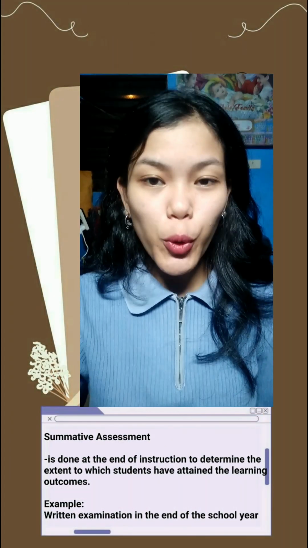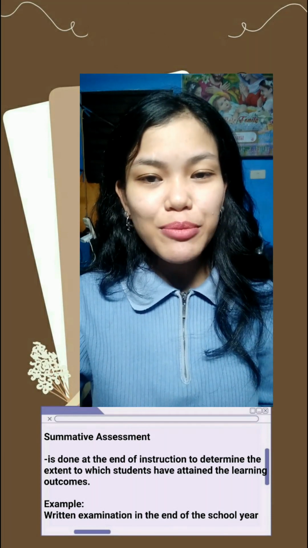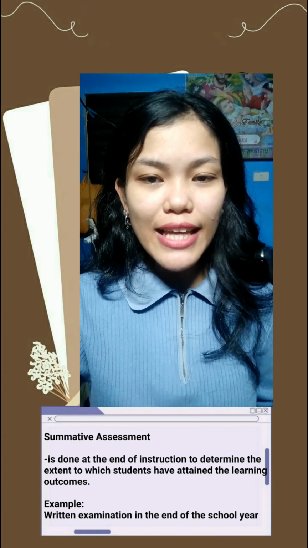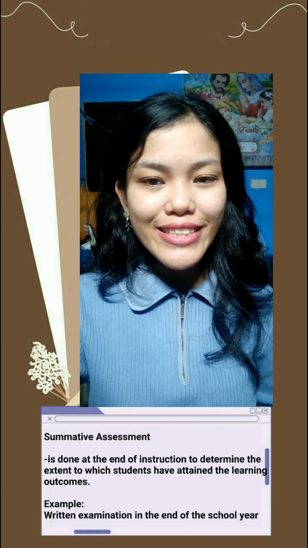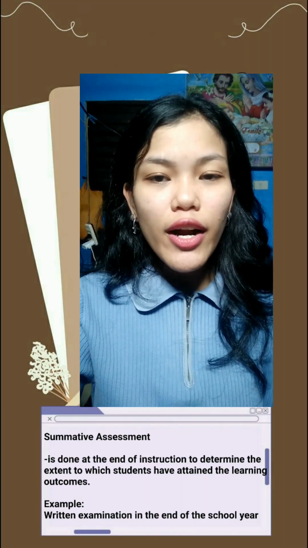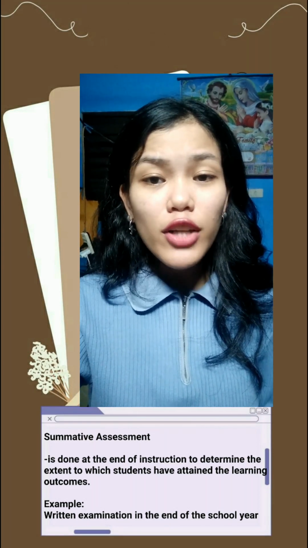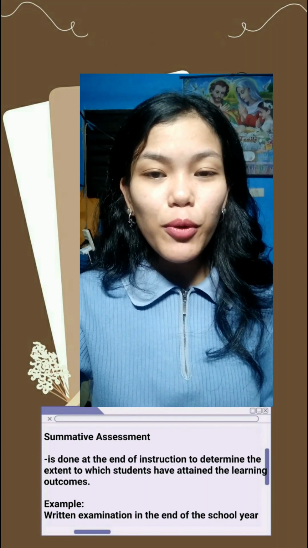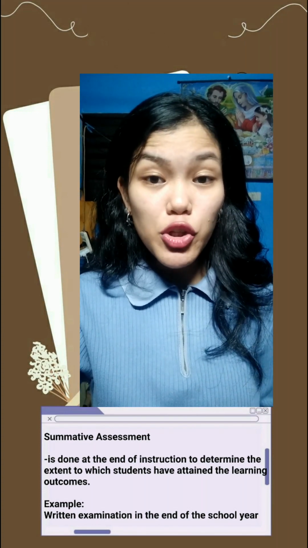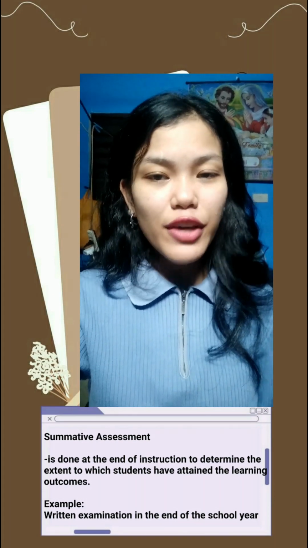So the fourth role of assessment is the summative assessment. Summative assessment is done at the end of the instruction to determine the extent to which the students have attained the learning outcomes. So it is used for assigning and recording grades or certifying mastery of concepts and skills. An example of summative assessment is the written examination at the end of the school year to determine who passes and fails.